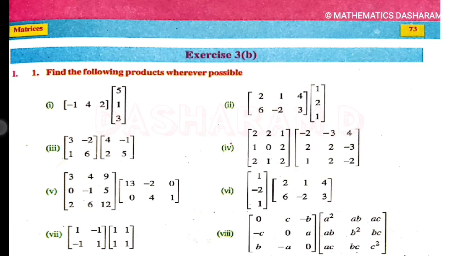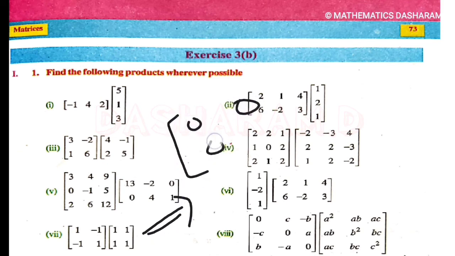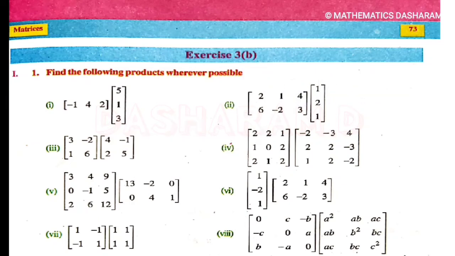So it is the same as the third question, because here also it is a 2 by 2, 2 by 2 matrix. So how I explained the third problem, in the same way you do the seventh problem. So its answer is the 0 matrix. So all elements are zeros. Okay, try it.